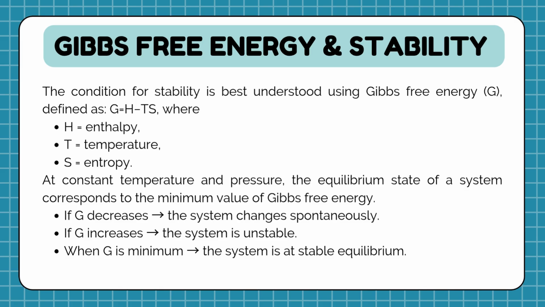At constant temperature and pressure, the equilibrium state of a system corresponds to the minimum value of Gibbs free energy. What this means is that if the Gibbs free energy decreases, the system changes spontaneously. And if the Gibbs free energy increases, the system is unstable. And when the Gibbs free energy is minimum, the system is at stable equilibrium.